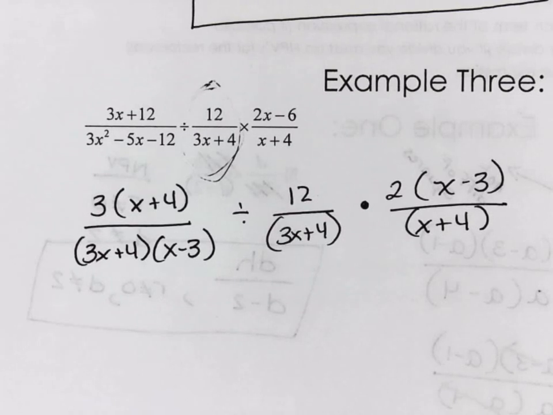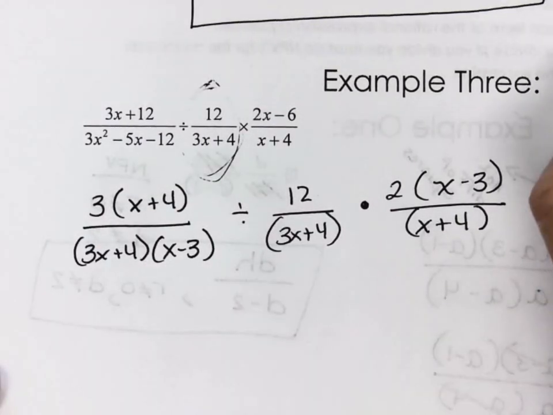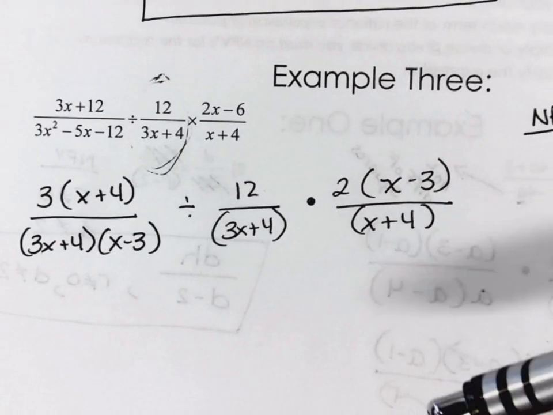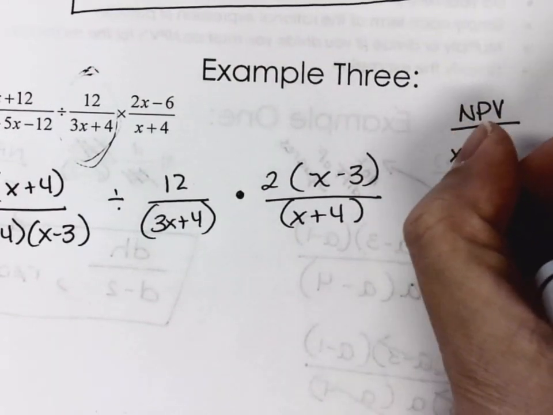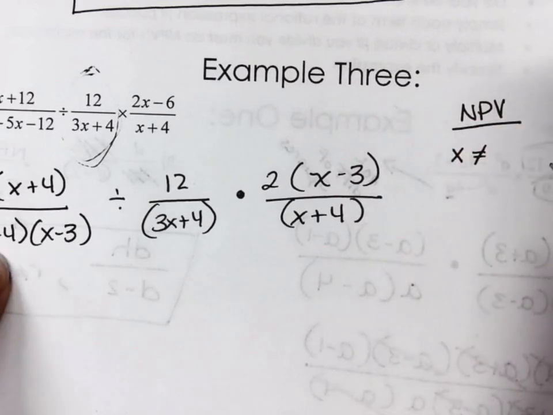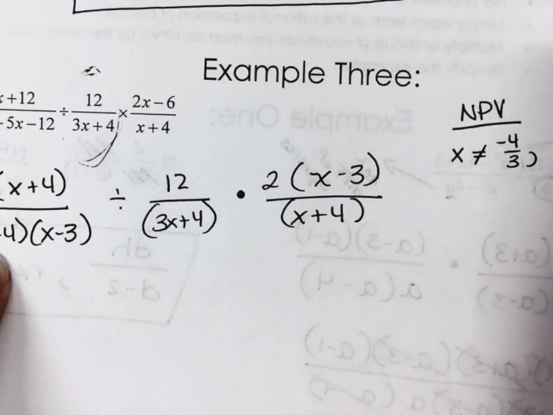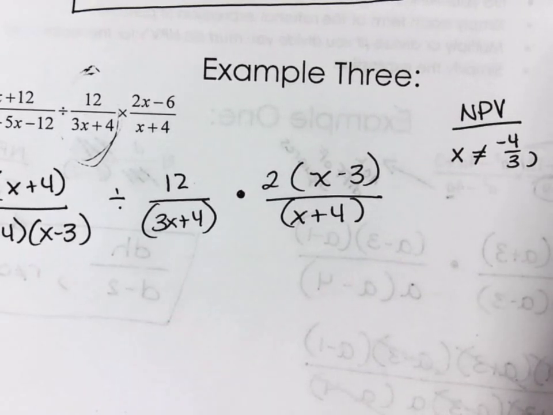Everything I've factored. So what's my next step? NPVs. So let's go through. X cannot equal negative 4/3. See how fractions are helpful here? I don't want to put that into my calculator and get -1.3 repeating.